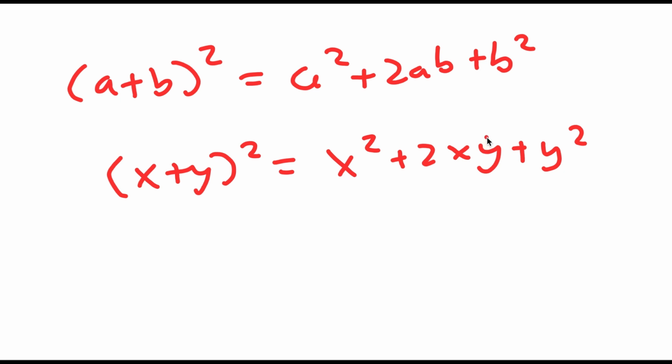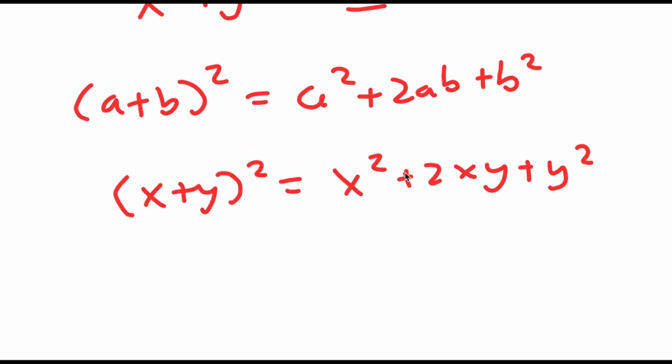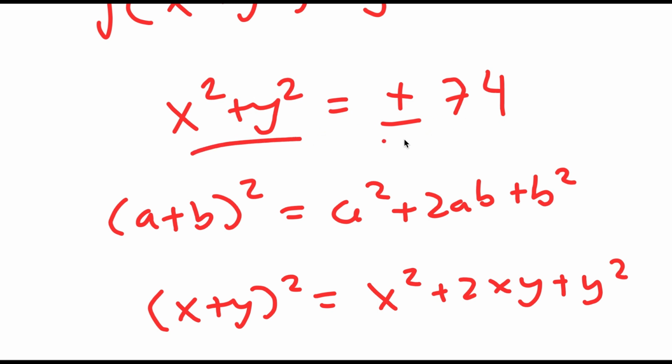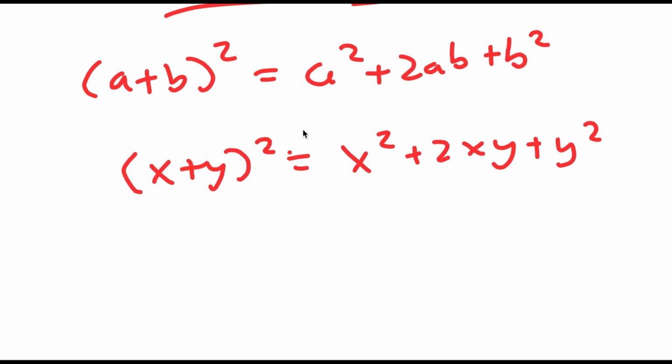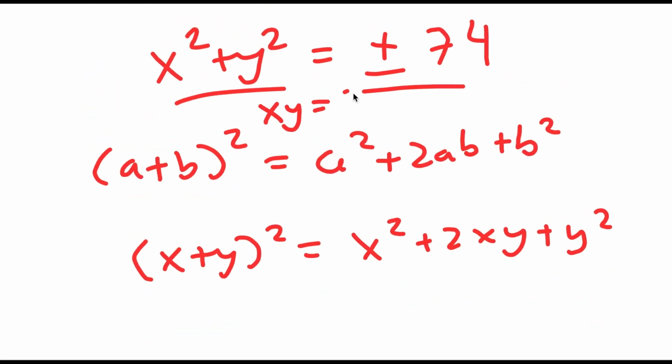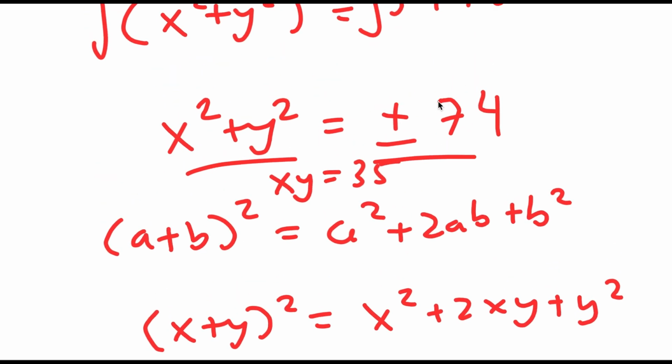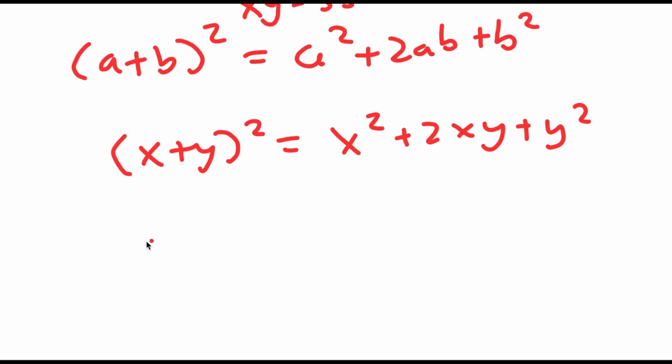Because we know that x squared plus y squared is equal to positive or negative 74, and we also know that x times y is equal to 35, we can find the exact value of this.